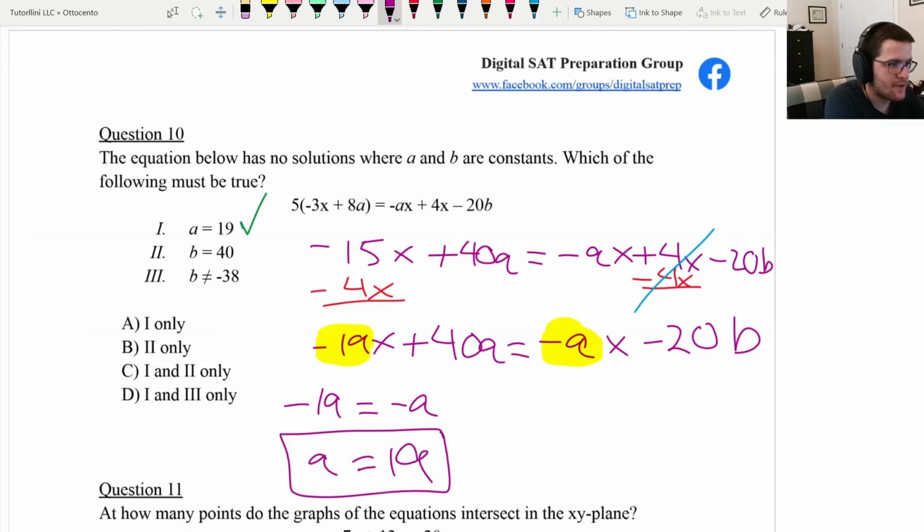And now we're going to do different y-intercepts. So 40a and negative 20b. And different, so we're going to set them not equal. So 40a is not equal to negative 20b.